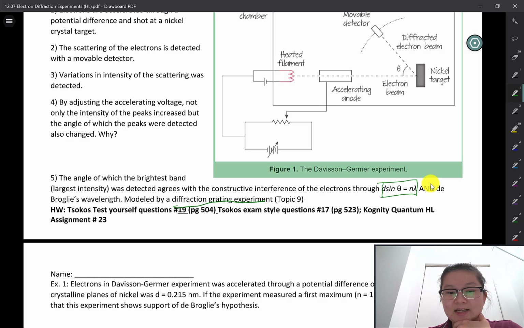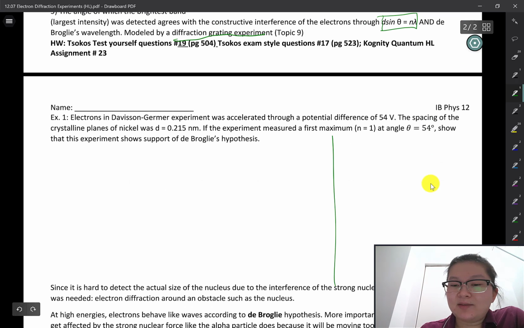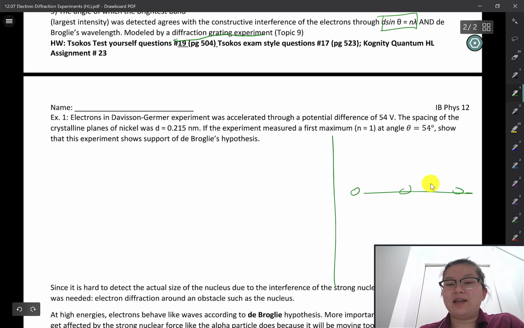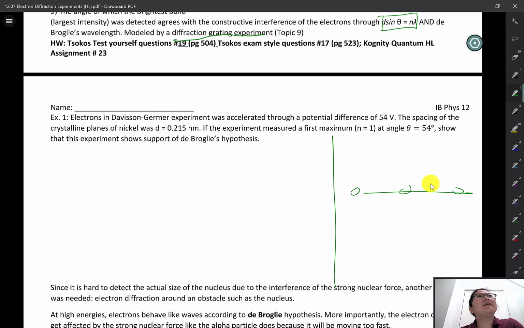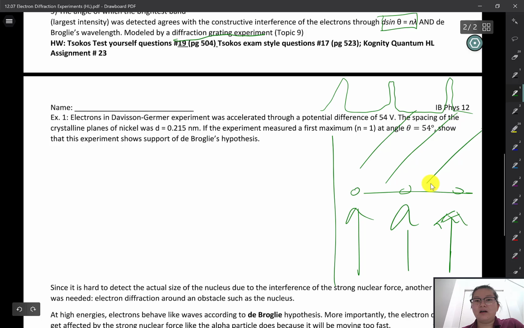So let's do an example, but I am aware that hopefully you've done topic 9, but let's say if you haven't, a little bit of what a diffraction grating experiment looks like is, imagine you have, say, a bunch of slits. And in our case, the spacing between our atoms to some degree for nickel is going to resemble that. Unlike our topic 4, when we talk about a single slit or a double slit, with a diffraction grating imagine there are multiple slits, a whole slew of slits, so that when you have incident light, you get a diffraction pattern in which the pattern looks like sharp peaks that appear periodically on, say, a screen.